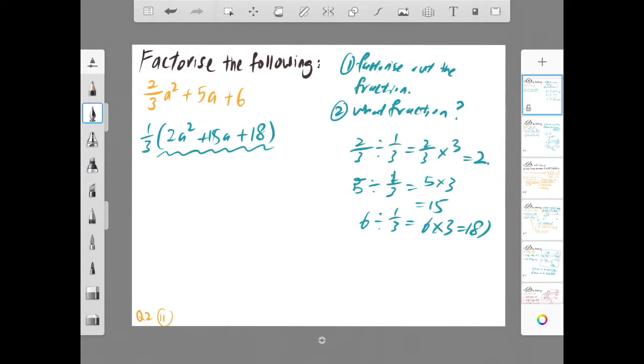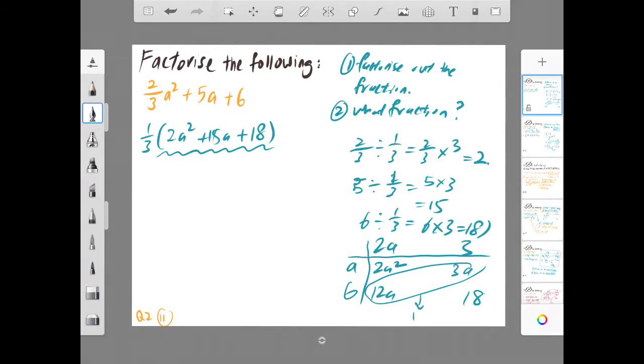The third step is to use the multiplication frame to factorize 2a squared plus 15a plus 18. So 2a squared and 18. 2a, then 6 and 3. So 3a and 12a, which adds up to 15a. So the factorized form is 1/3 times 2a plus 3 and a plus 6.